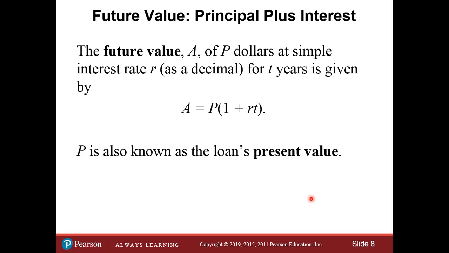Now, what about future value? Well, the future value of an account, A, of P dollars that is invested at an interest rate of R, again, as a decimal, we always use decimals when we're dealing with rates and percentages. We always change it to a decimal. For T years is given by this formula. Now think about this.